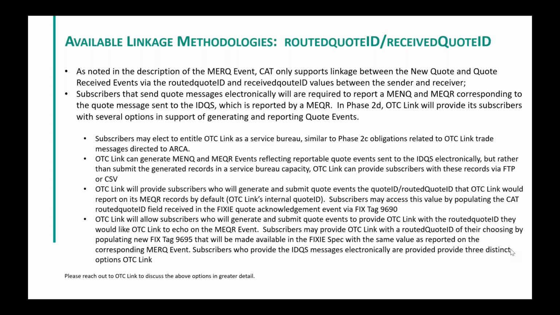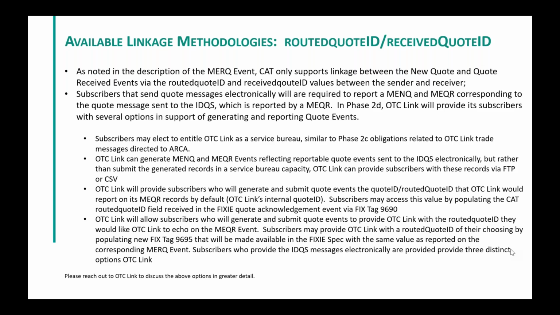For firms who do not intend to leverage OTC Link as a service bureau or as a source to generate the new quote and routed quote events, we will have the ability to send our quote ID in FIX tag 9690, the message ref ID field on the quote acknowledgement message, I believe 331 on the FIX quote spec.